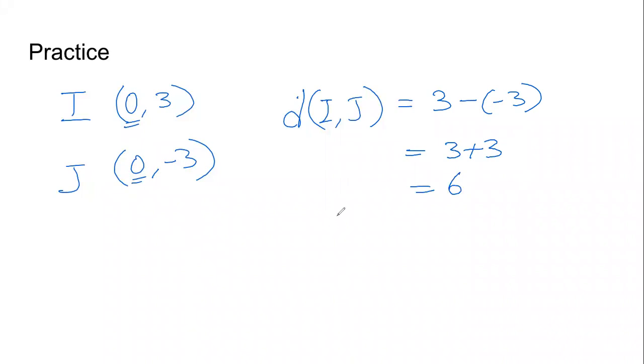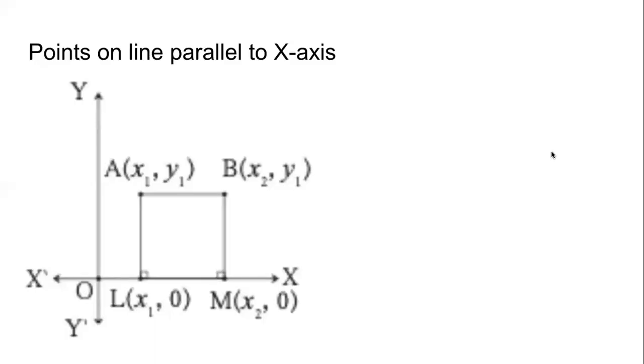So one point I is above the x-axis and J is below the x-axis. That is the difference between I and J. Now after we have revised how we calculate the distance between 2 points on a number line, we took that concept and applied it on points on the x and y axis of a coordinate system, where we said the axes also act as number lines.